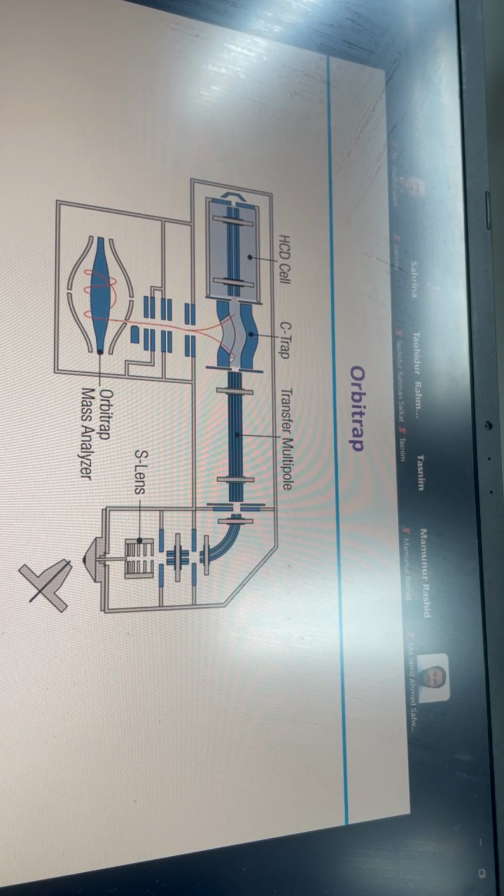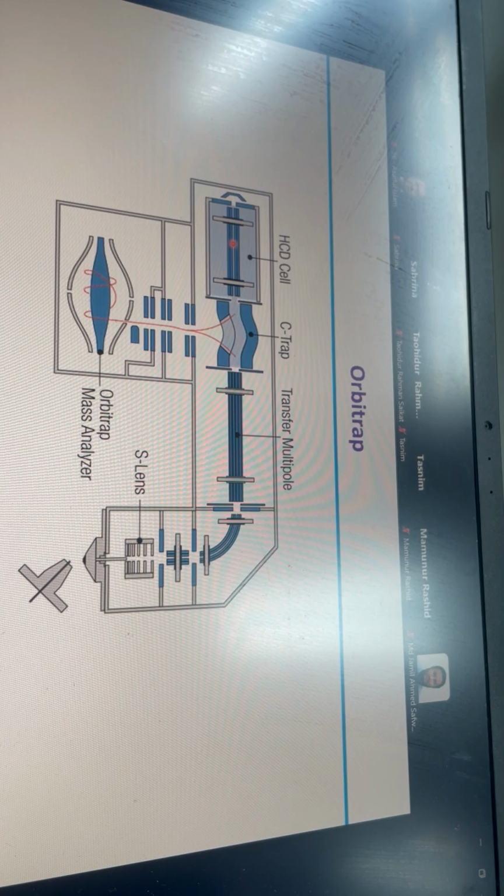After trapping, you can send your ions to the collision cell. One person actually asked where the collision cell is. Usually we have the collision cell here. This is the high energy collision cell. You send your ions there, and then you can introduce gas to break them down.